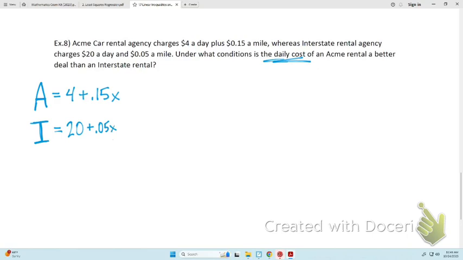All right, here's the catch. When is Acme better? You're a customer. Better means cheaper. When is Acme cheaper? Or in math world, when is A smaller than I?